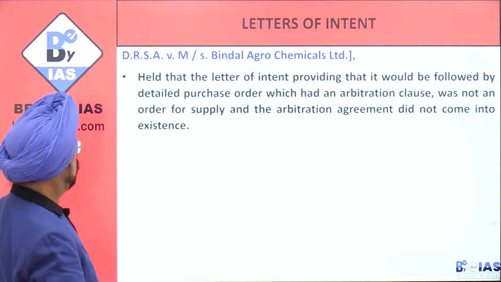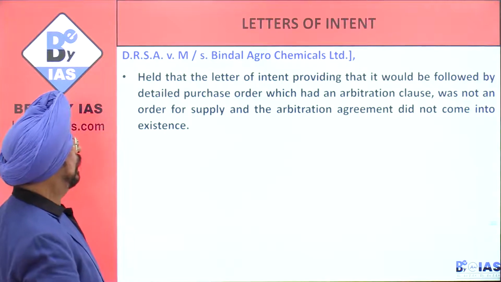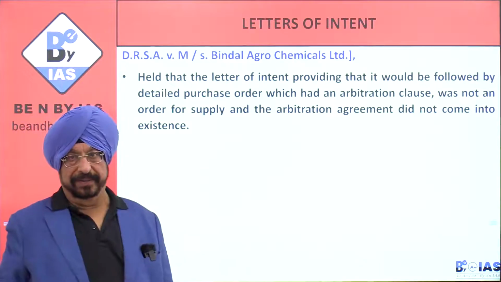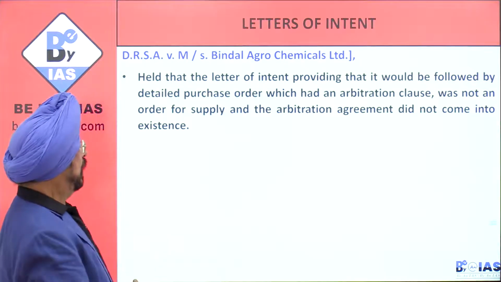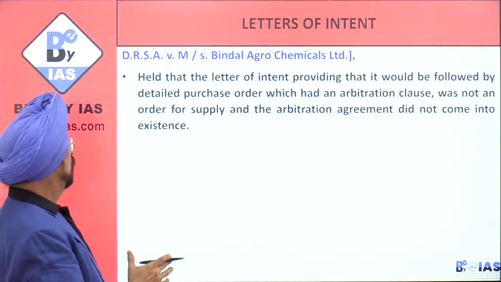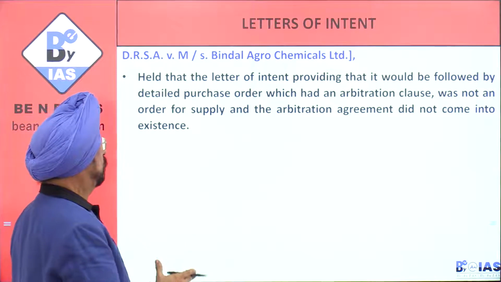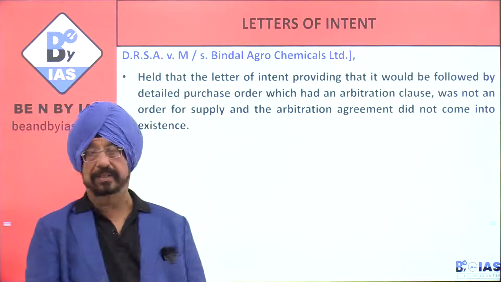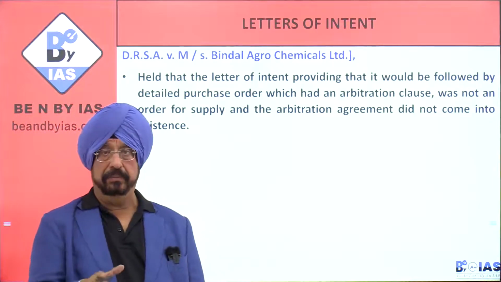Now in this case, the letter of intent providing that it would be followed by a detailed purchase order, which had an arbitration clause, was not an order for supply, and the arbitration agreement did not come into existence. Arbitration में क्या होता है?